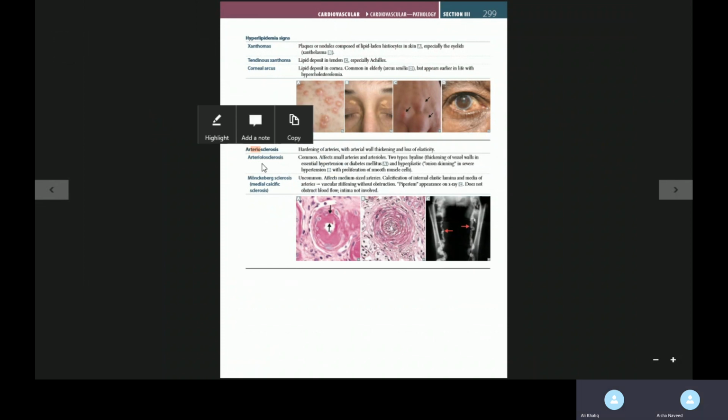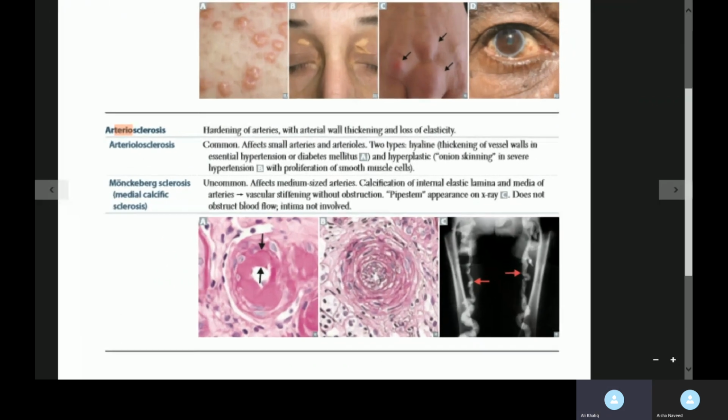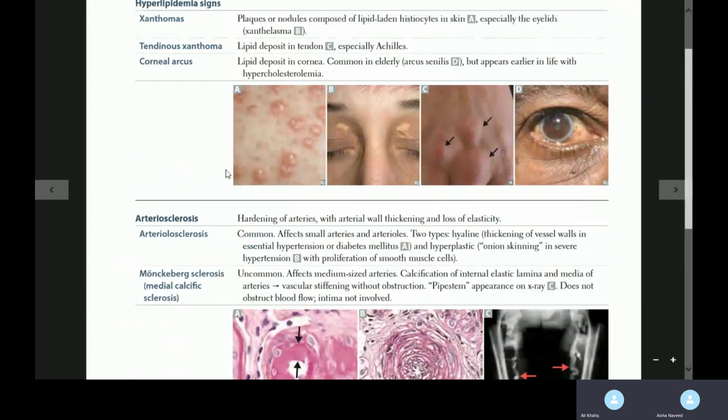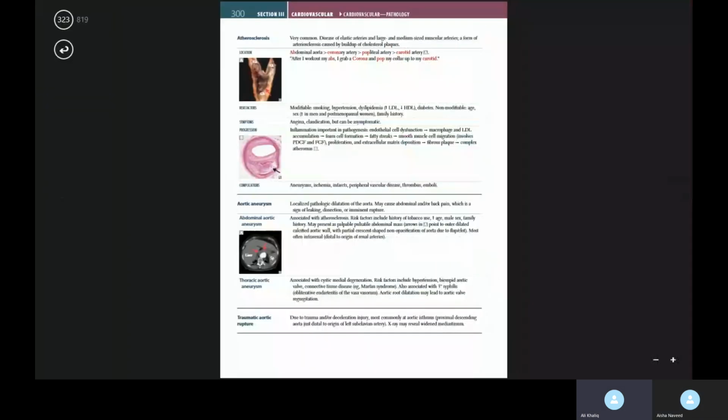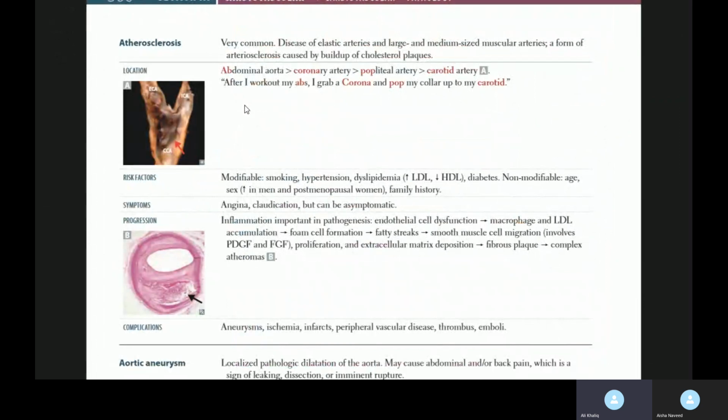Arteriosclerosis was not associated with lipid; it was associated with diabetes and hypertension only. When they say atherosclerosis, they are talking about lipid deposition in your vessels, which is obstructing the blood flow. Simple, right?